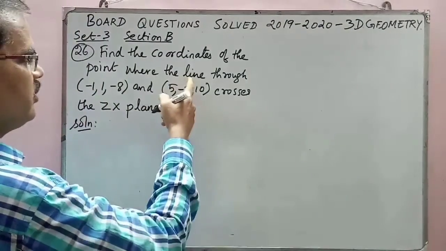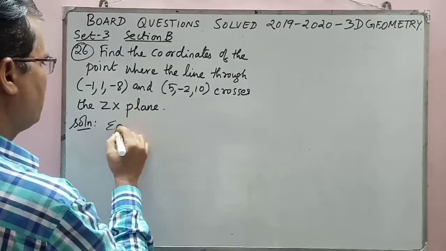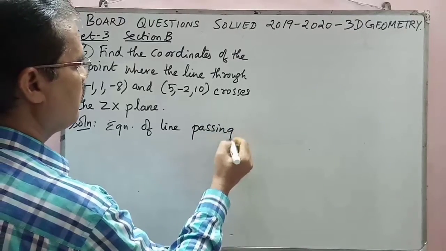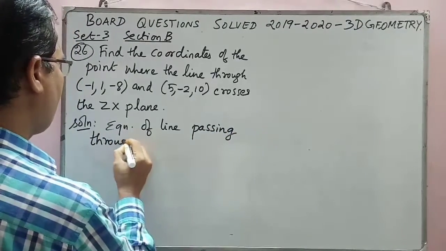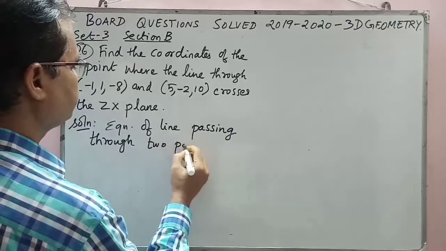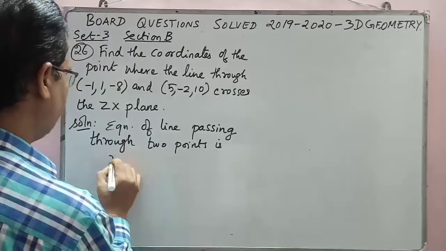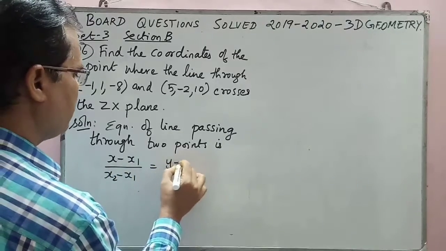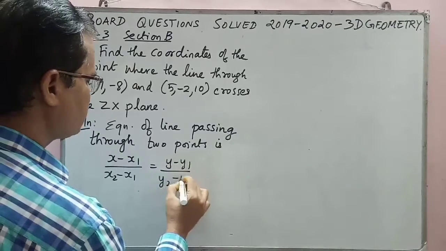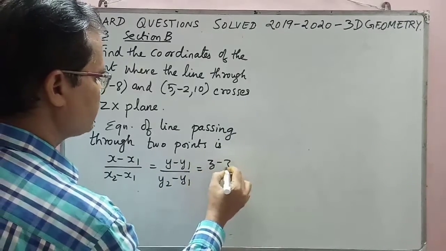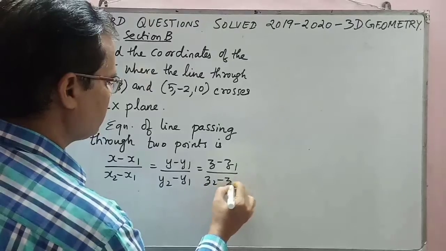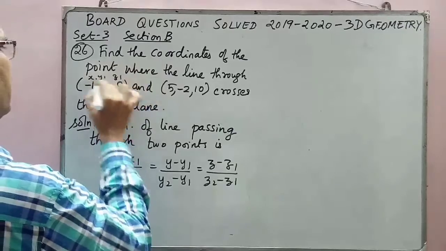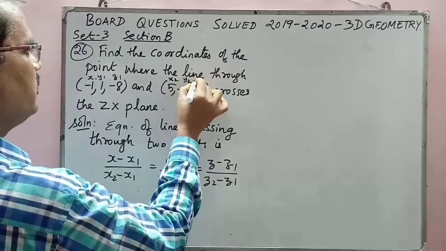Now let us write the equation of the line passing through 2 points: x minus x1 divided by x2 minus x1 equals y minus y1 by y2 minus y1 equals z minus z1 by z2 minus z1. The first point will be taken as x1, y1, z1. The second point is x2, y2, z2.